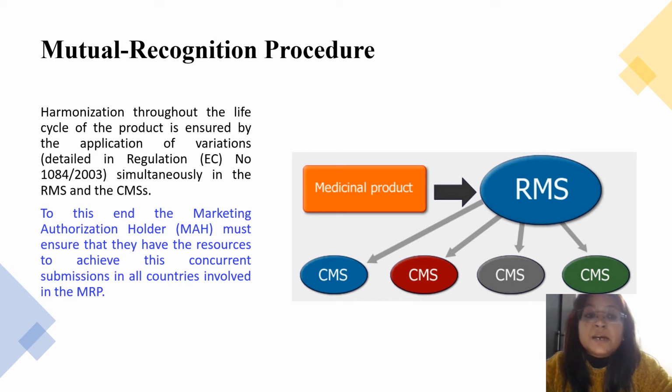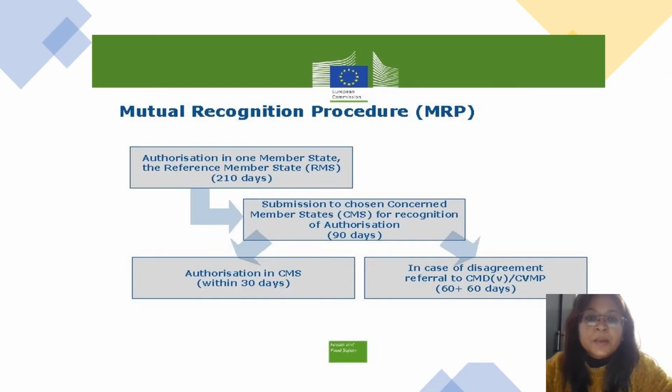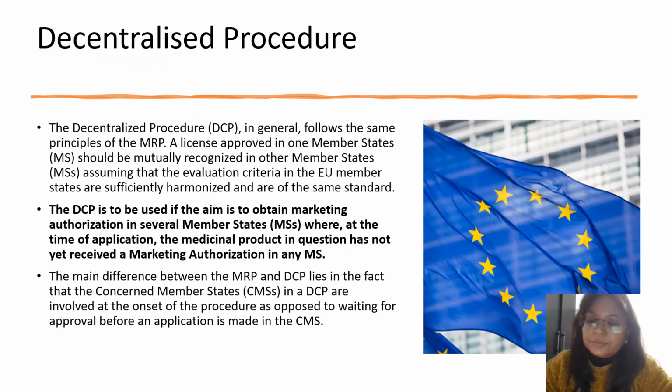The other countries where you want to market through the mutual recognition procedure become your concerned member states. So CMS stands for concerned member states, and RMS is your reference member state. In the MRP route, the timeline is 210 days only, and since you already have the authorization, the path becomes easy for you.